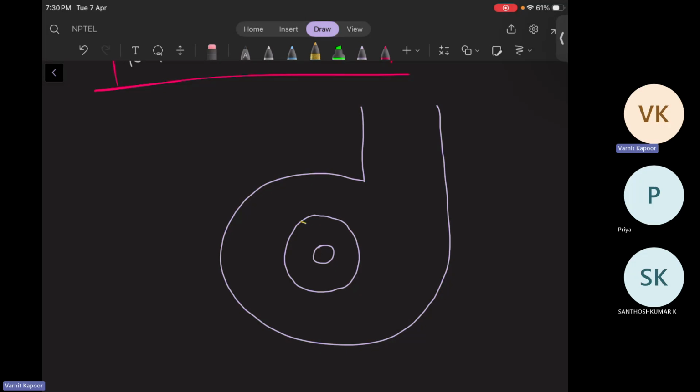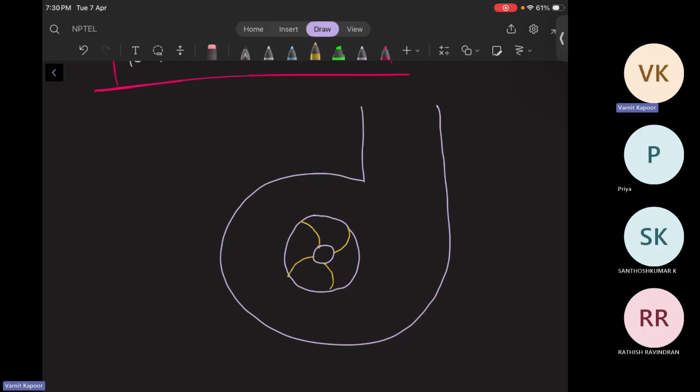Here I am having the blades. These are the blades or the vanes on the impeller. This is your blade.